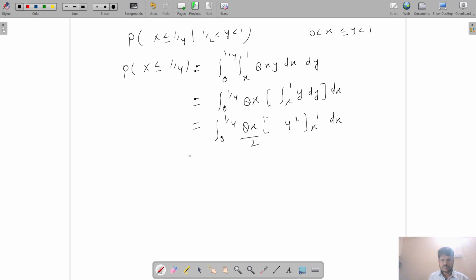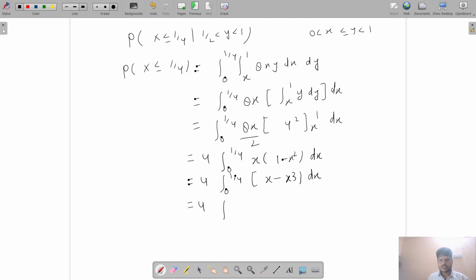So we get 4 times the integration from 0 to 1 upon 4 of x times (1 minus x square) dx. Just write x minus x cube dx.